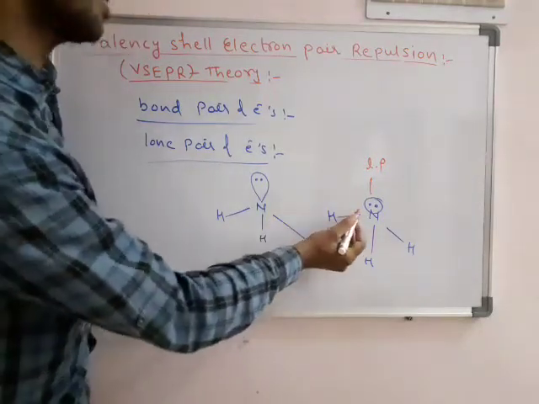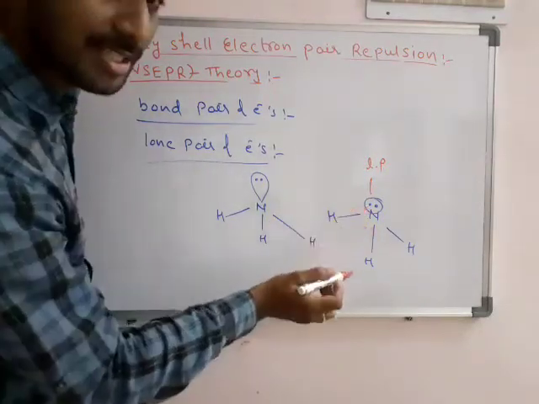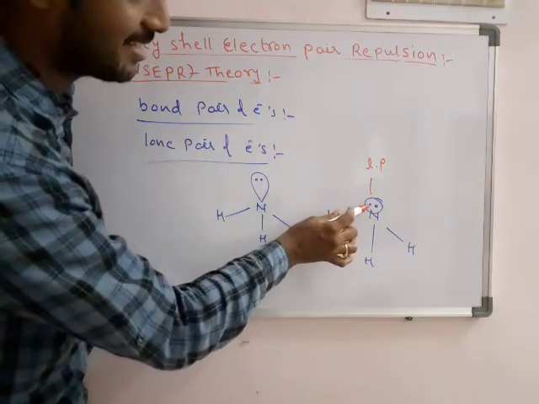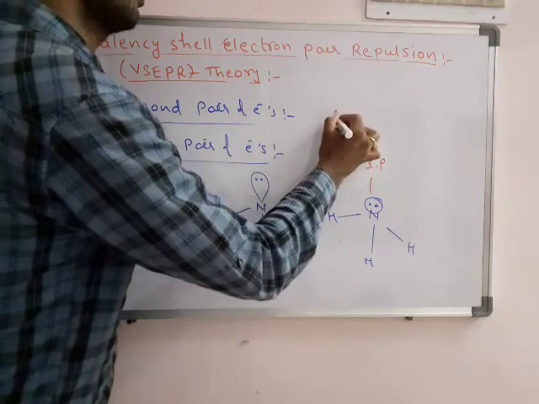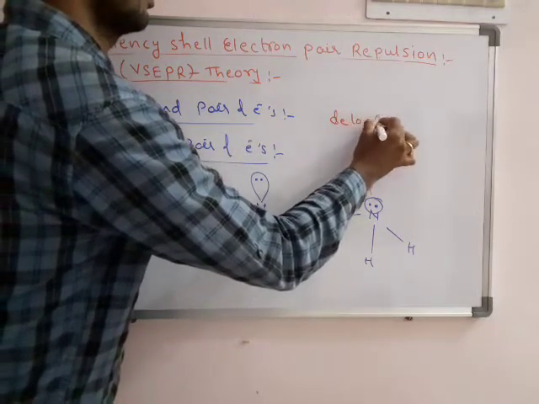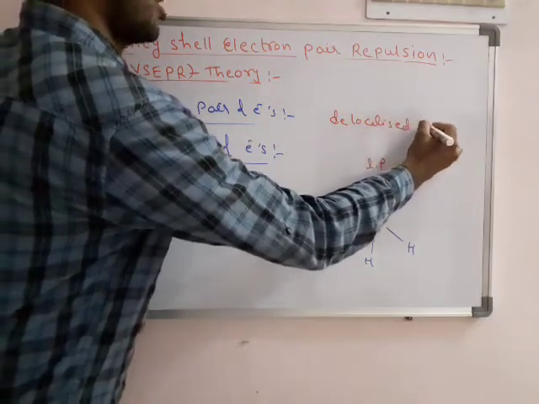The orbital which contains these electrons is called a delocalized orbital.